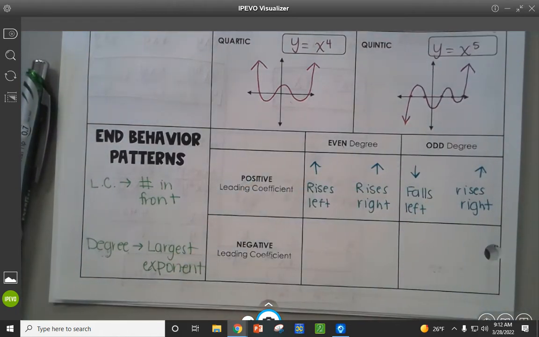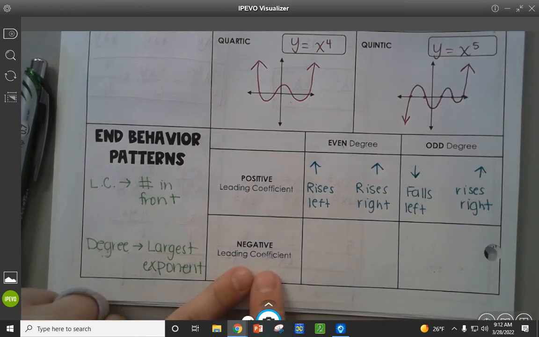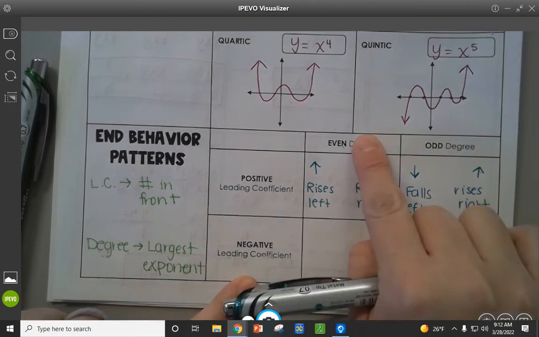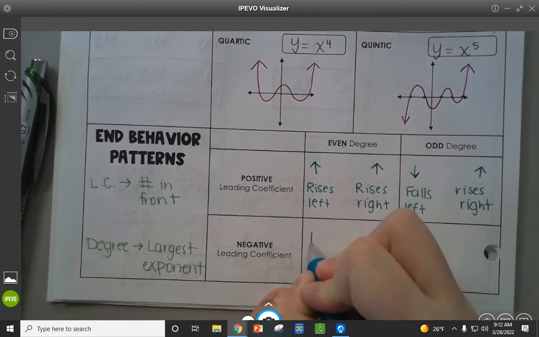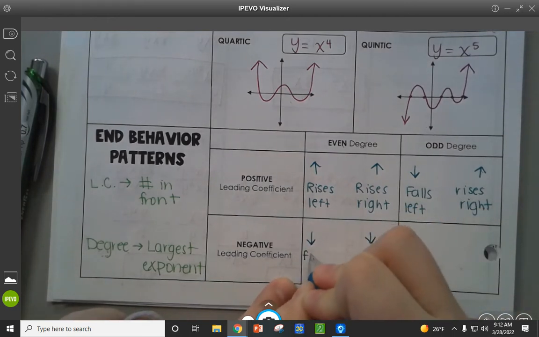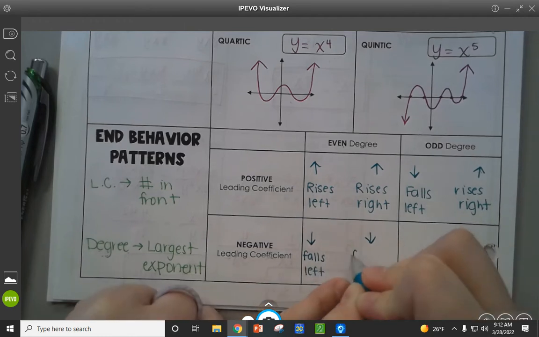So it falls on the left, rises on the right. If we have a negative leading coefficient, so a negative number in the front and an even degree, both arrows point down. So it falls left, falls right.